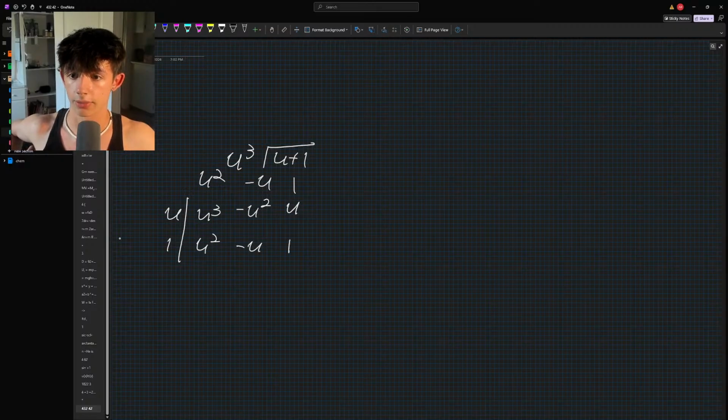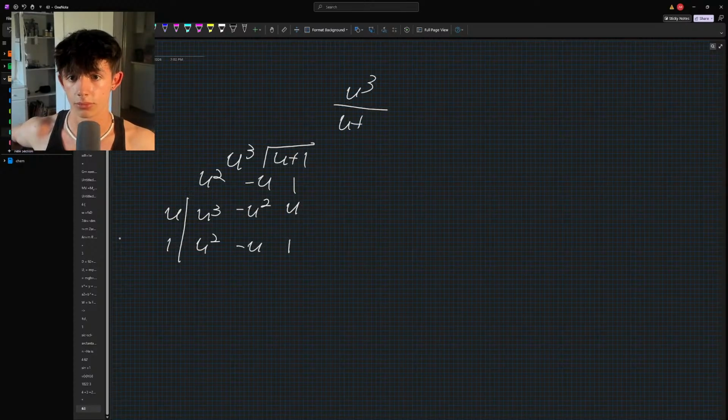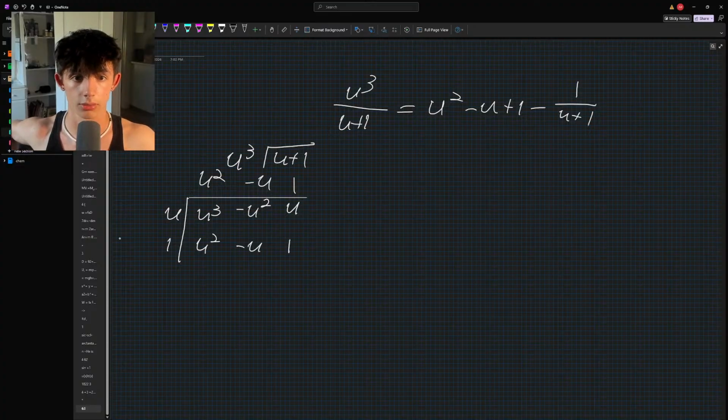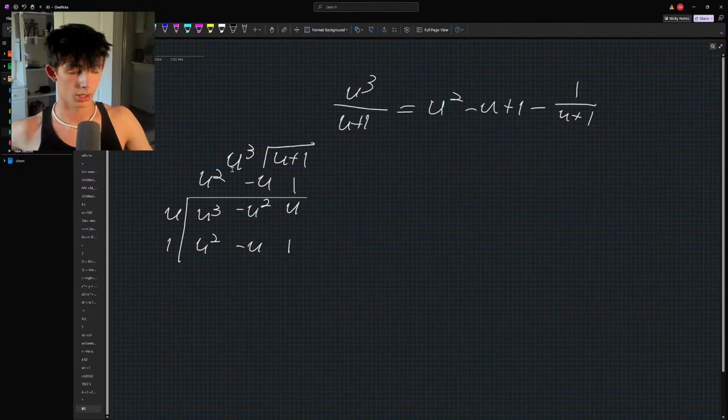So we have u squared minus u plus 1 minus 1 over u plus 1, because the remainder here is 1. And that gives us a natural log, really easy to work with.